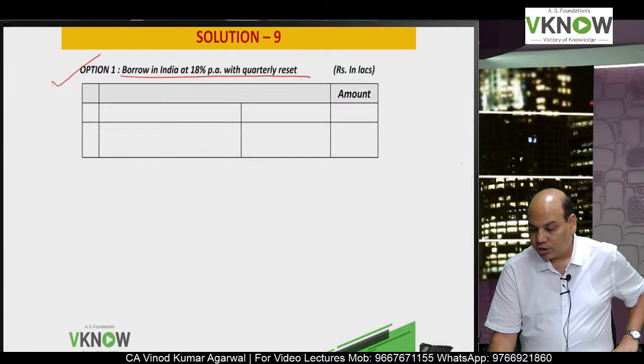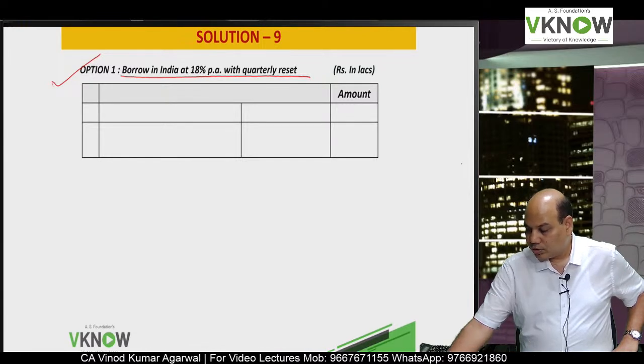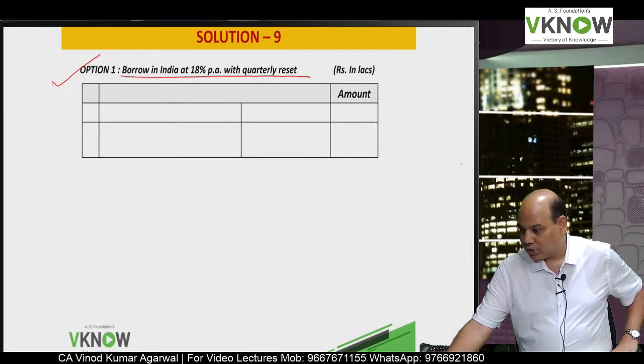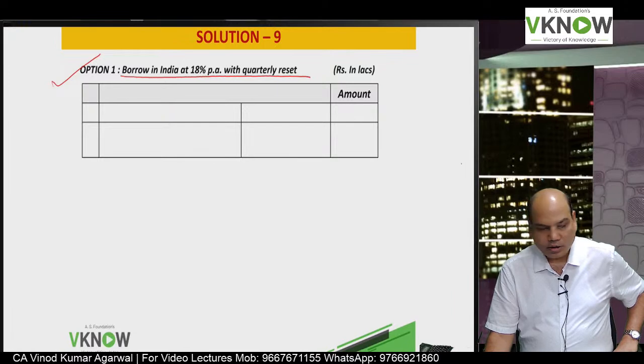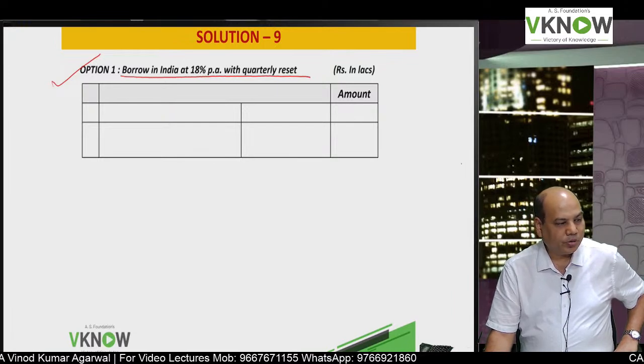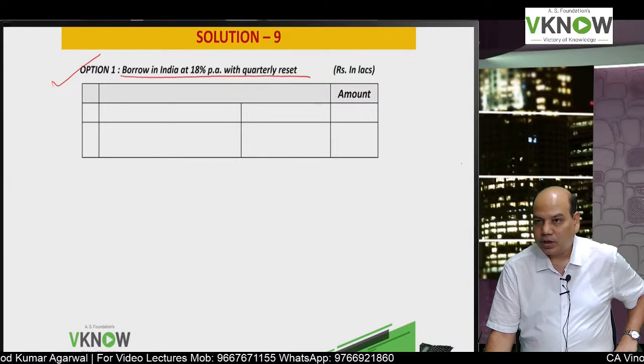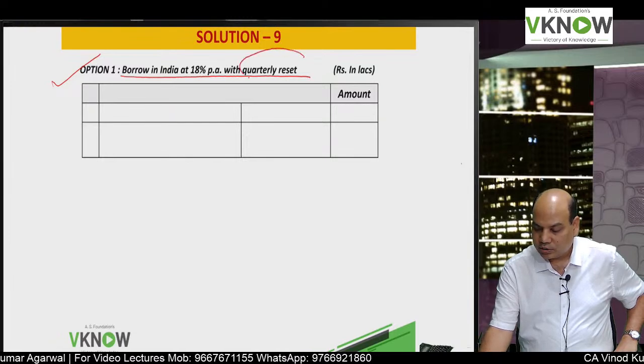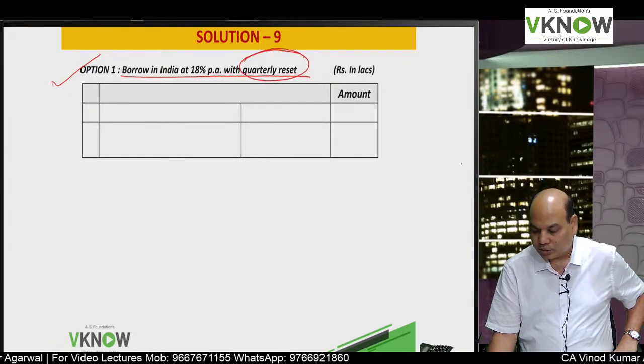Option 1 is borrow in India at 18% per annum with quarterly rest. Quarterly rest means quarterly compounding.